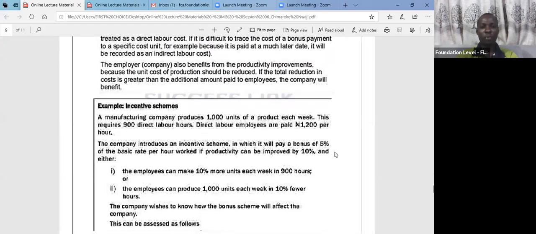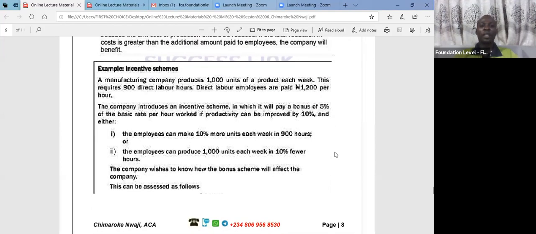Now let's look at an example. A manufacturing company produces 1,000 units of a product each week. This requires 900 direct labor hours, and the direct labor employees are paid 1,200 naira per hour. The company introduces an incentive scheme in which it will pay a bonus of 5% of the basic rate per hour worked if productivity can be improved by 10%.